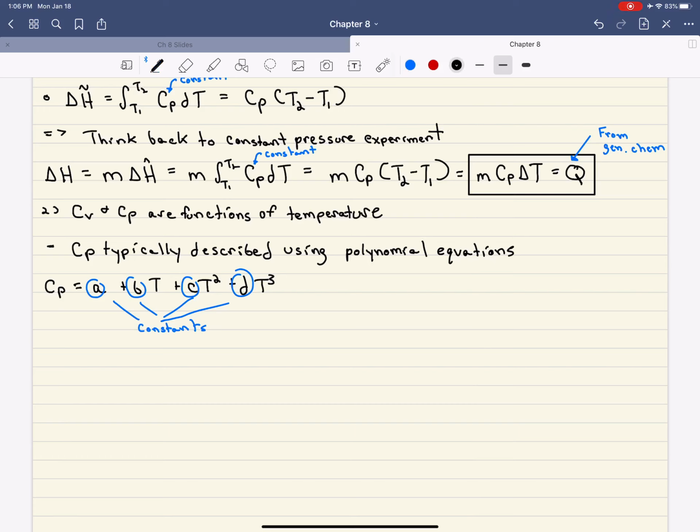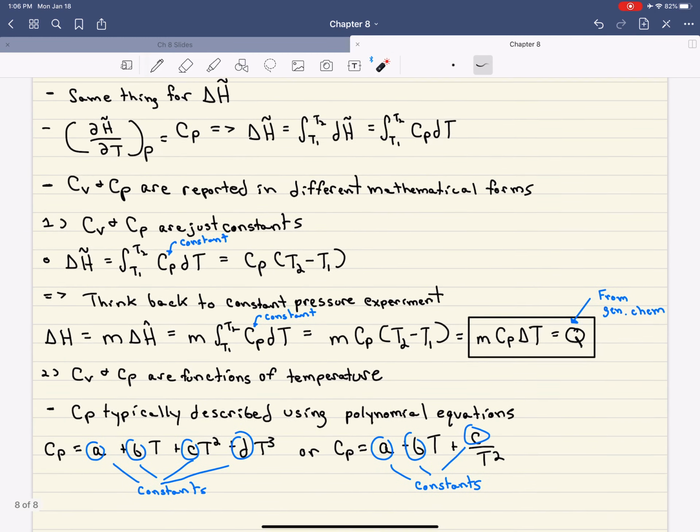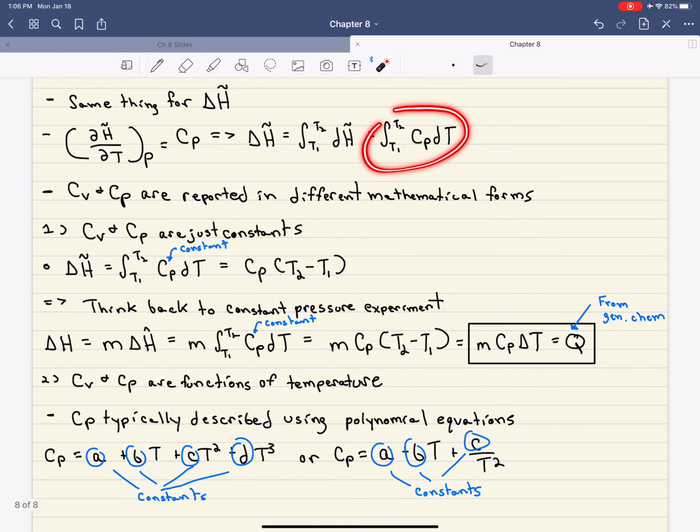There's another form that's common as well, where Cp is equal to a plus b times T, but then c is over T squared. Once again, all these letters are constants. In order to calculate your heat capacity and your delta H or delta U, you would need to look up what these constants are, plug them into your delta H equation, and take the integral.